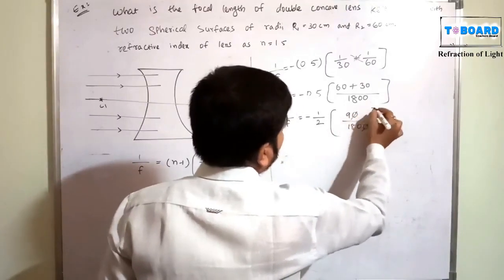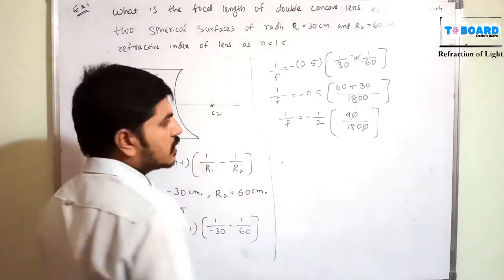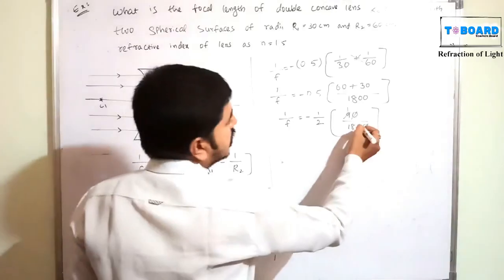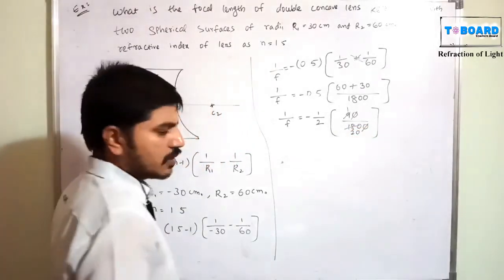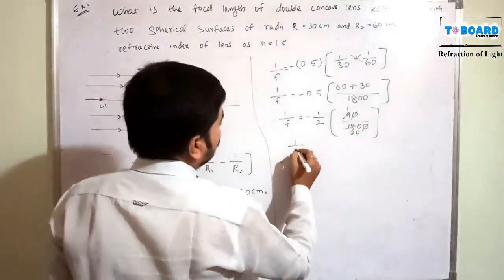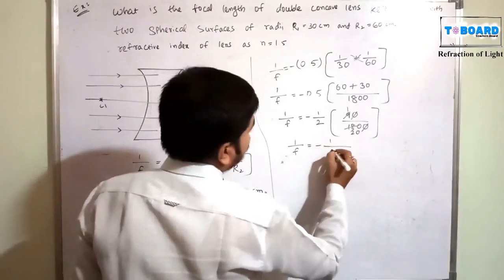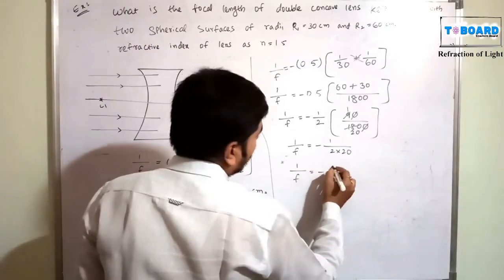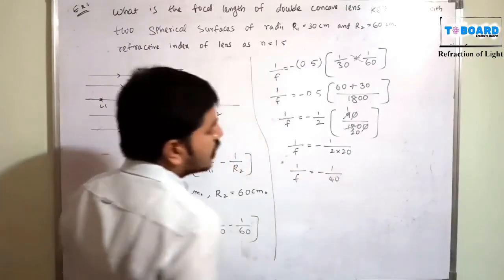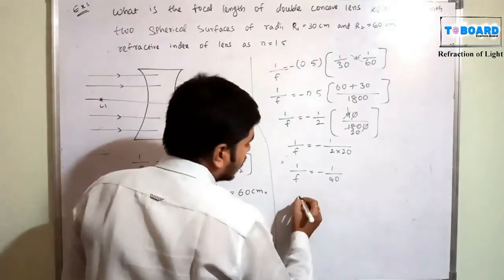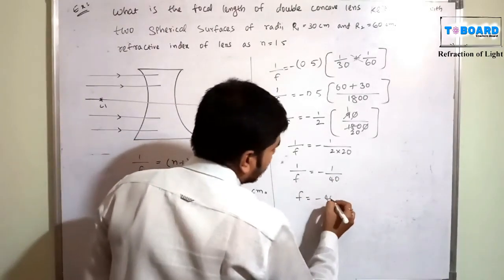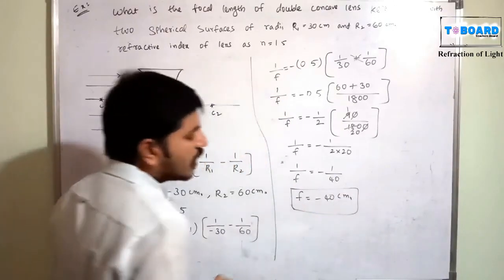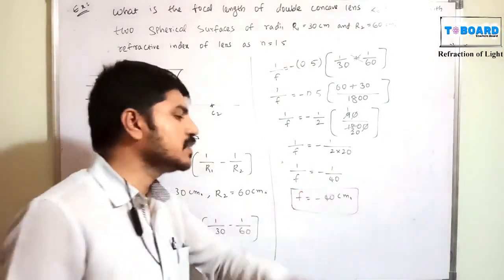The zeros will cancel, and 9 twenties are 180, so 9 by 180 is 1 by 20. So 1 by f is equals to minus 1 by 2 into 20, which is minus 1 by 40. Now I need the f value, so take the reciprocal. f is equals to minus 40 centimeters is the answer. Then I got the value as minus 40 centimeters.